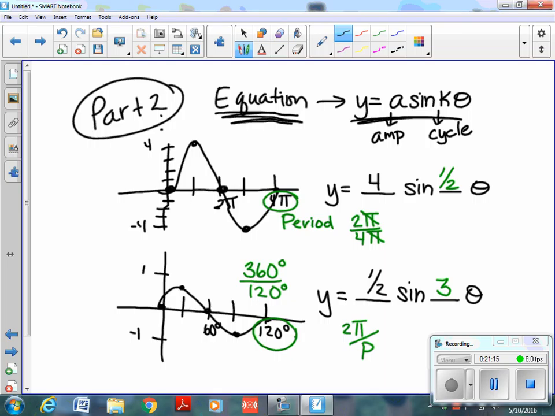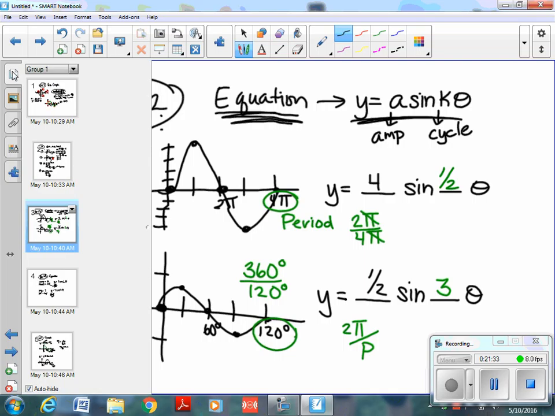If this starts and goes up, this is going to be a positive 1/2. If this graph would have started at 0 and started down, this would have been a negative 1/2. So you have to make sure you know if it's a positive 4 or a negative 4. Okay, so part 2, I didn't have to change anything, but part 3, I do.